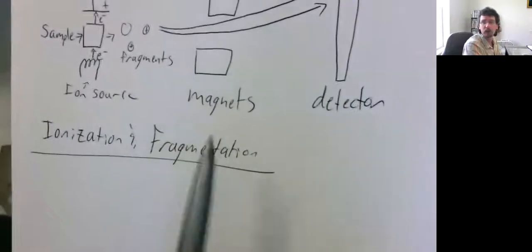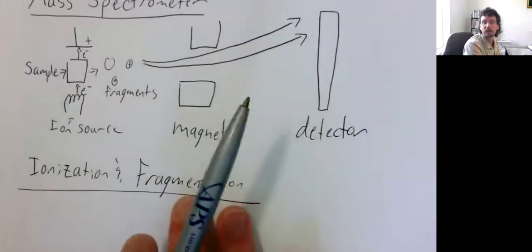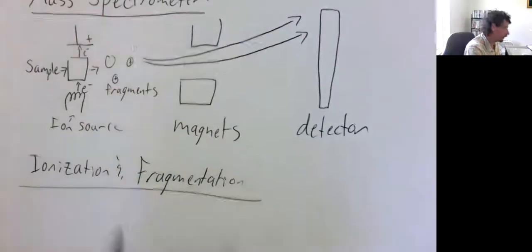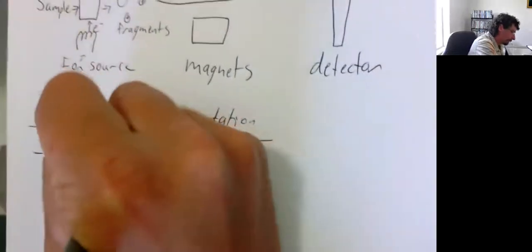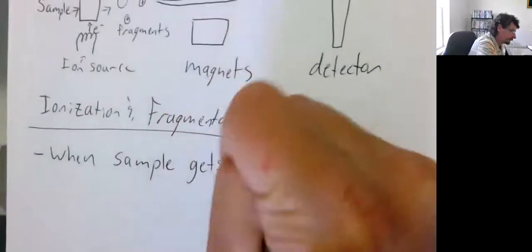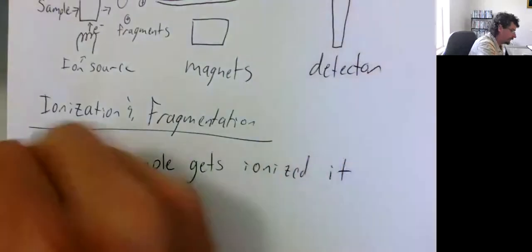So like we said, in order to be detected or deflected, to make it to the detector, the species or the fragment has to be ionized. It has to have a charge on it. So once a sample gets ionized, it can be detected.